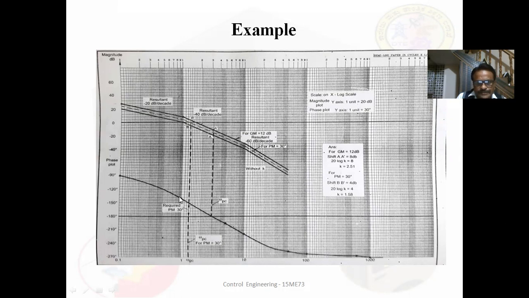These are the points, and these points are joined by a smooth curve. Whereas the magnitude plot is drawn with straight lines, the phase angle is drawn by a smooth curve. Once you complete the magnitude plot and phase angle plot, you have to find the gain margin as well as the phase margin when k value is equal to 1.